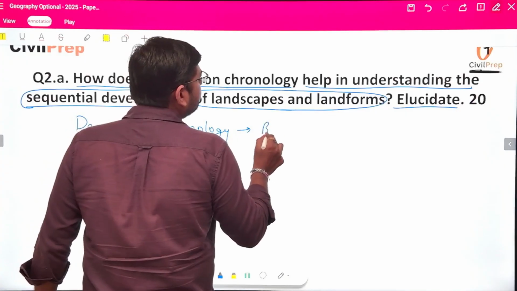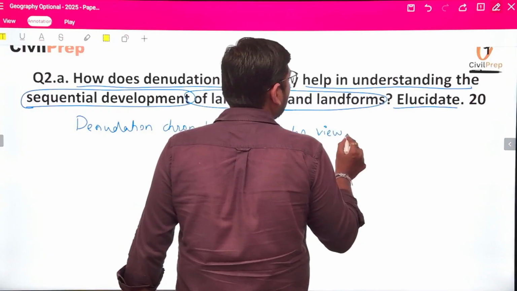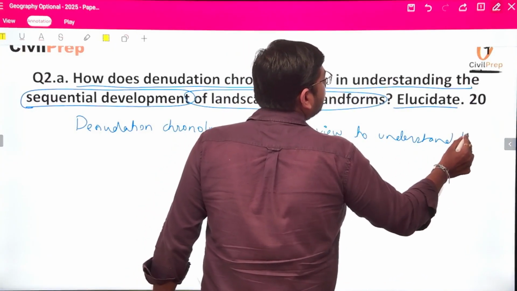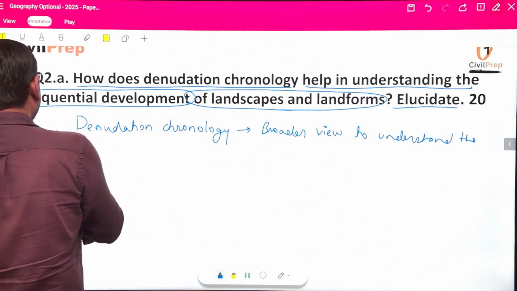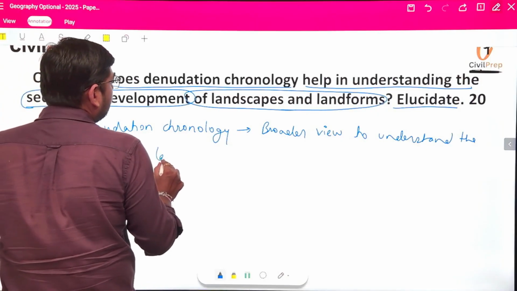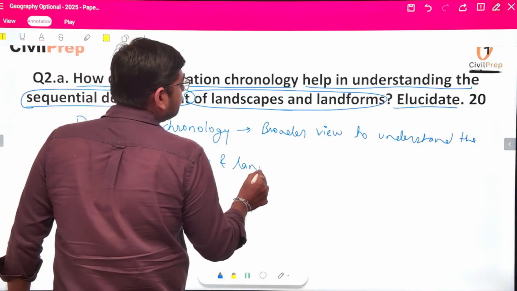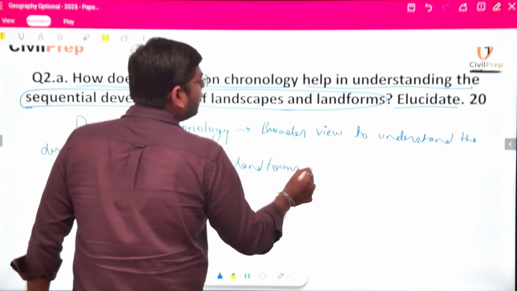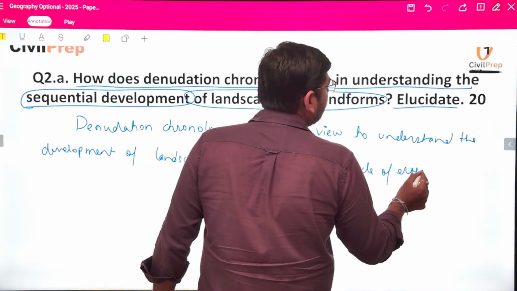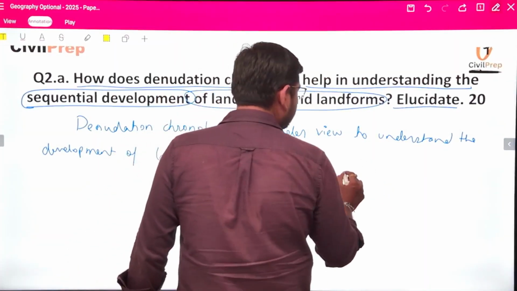it is the broader view to understand the development of landscapes and landform over the cycle of erosion, or we can write here, instead of cycle of erosion, the erosion surfaces.